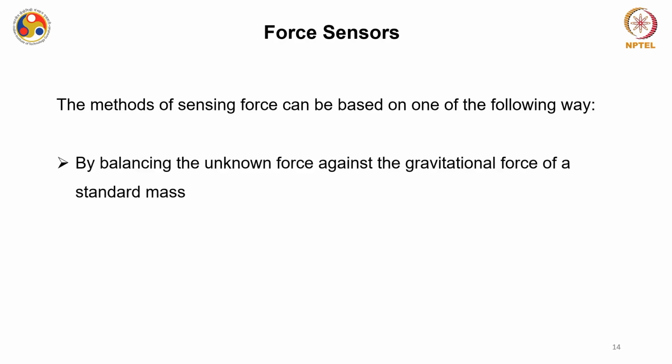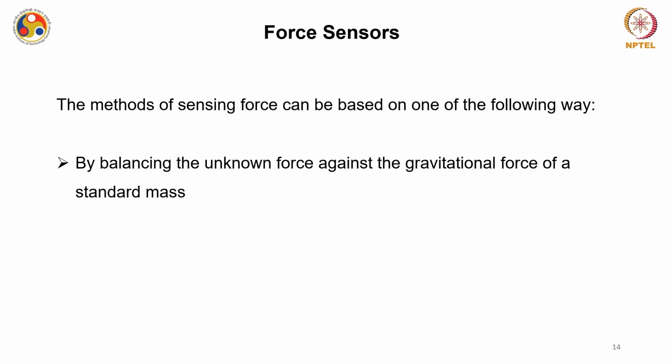Now, the methods of sensing forces can be based on several phenomena. The most applicable choice for force sensors is simply balancing the unknown force against the gravitational force of a standard mass. If you balance out the gravitational force of a standard mass, you will know the exact force.